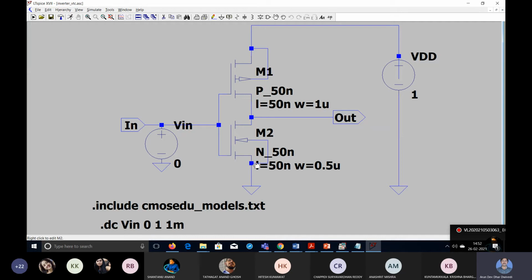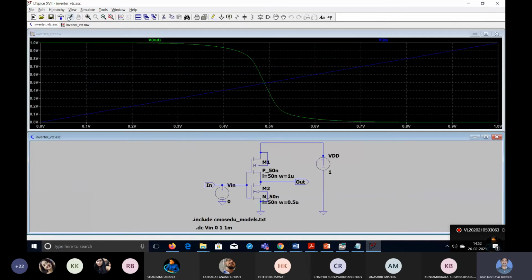The body is connected to the source, and the source is connected to ground, so effectively body and source are both connected to ground. The output is taken from the common drain points, and the input is given at the common gate points, Vin. We have already seen how to do all these connections. Then we can do the simulation and understand the characteristics.